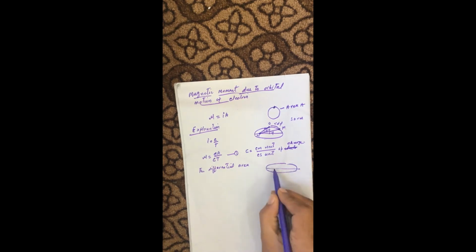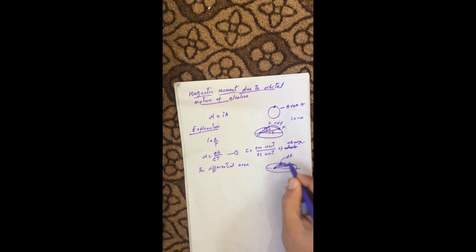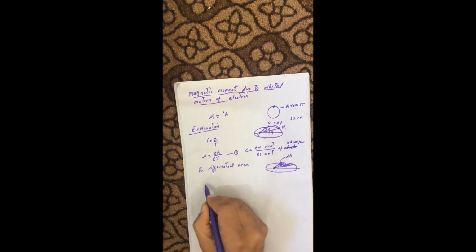We have the nucleus here, and the electron moves from point M to point O. This differential area I call dA, and the total area is A of this loop.